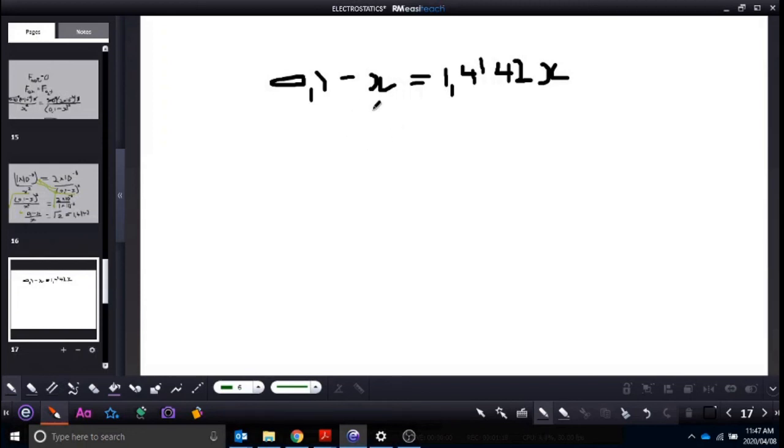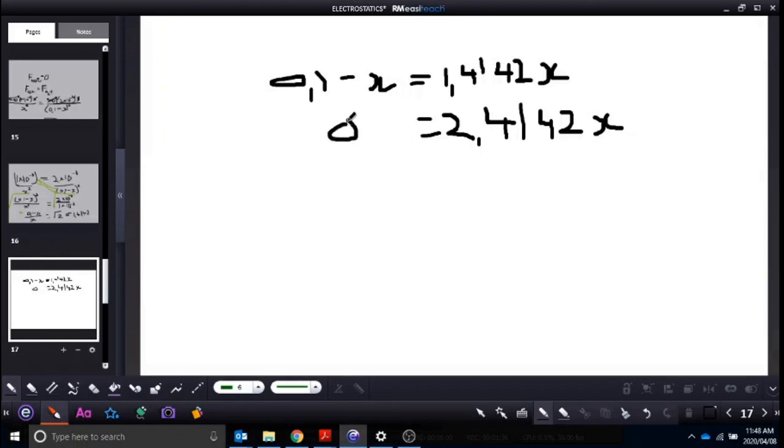Okay, so the x's go over, so we get 2,4142x.